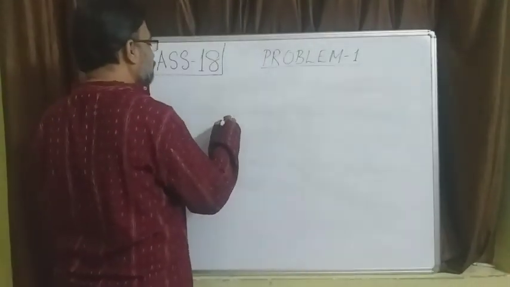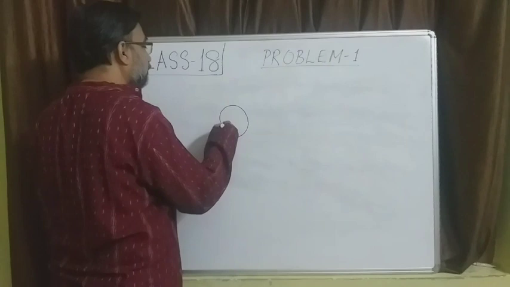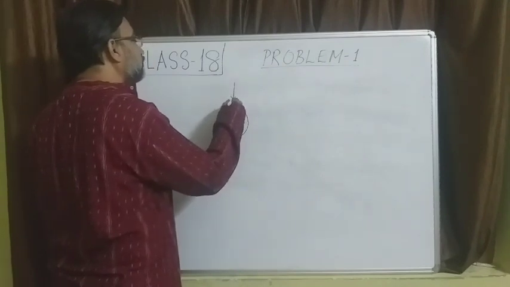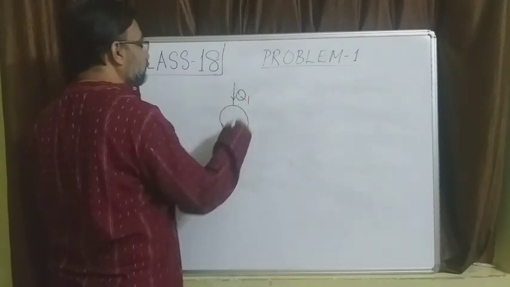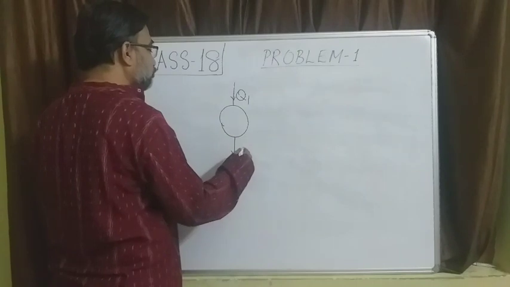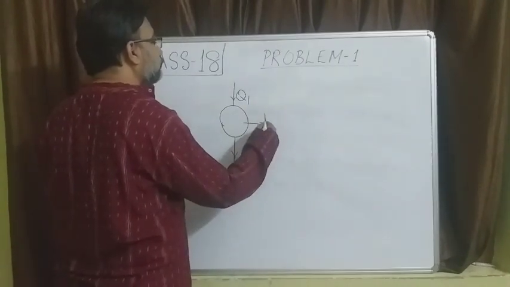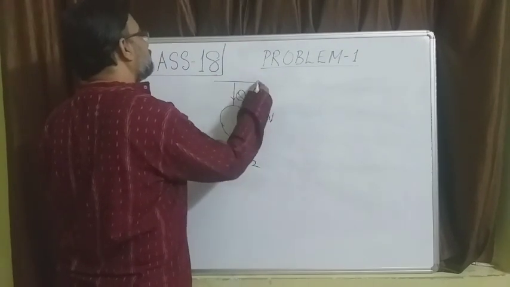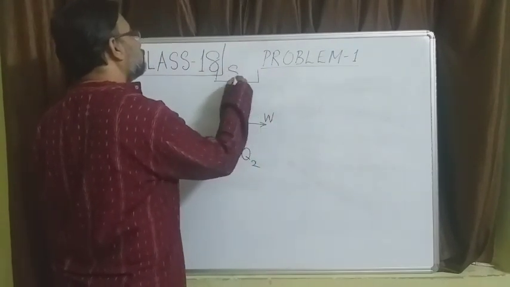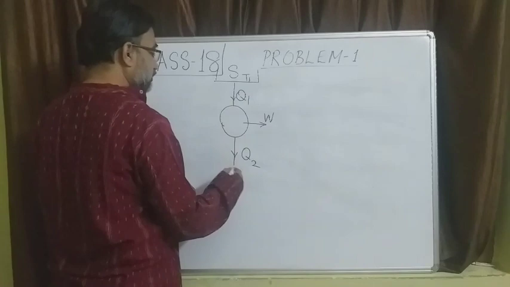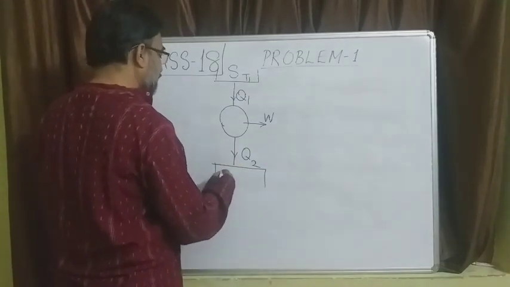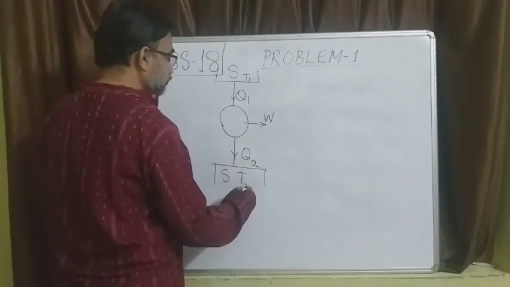So first, you draw a schematic of an engine. This is Q1, this is Q2, and this is W. This is your source at T1, this is your sink at T2.